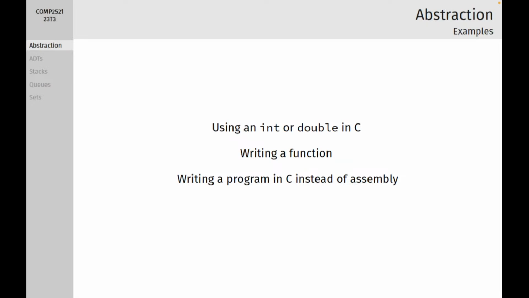So when we write a program in C, we're sort of hiding that level of detail, which is that C gets compiled down to assembly code, and instead, we can write much more complex programs more easily in C.